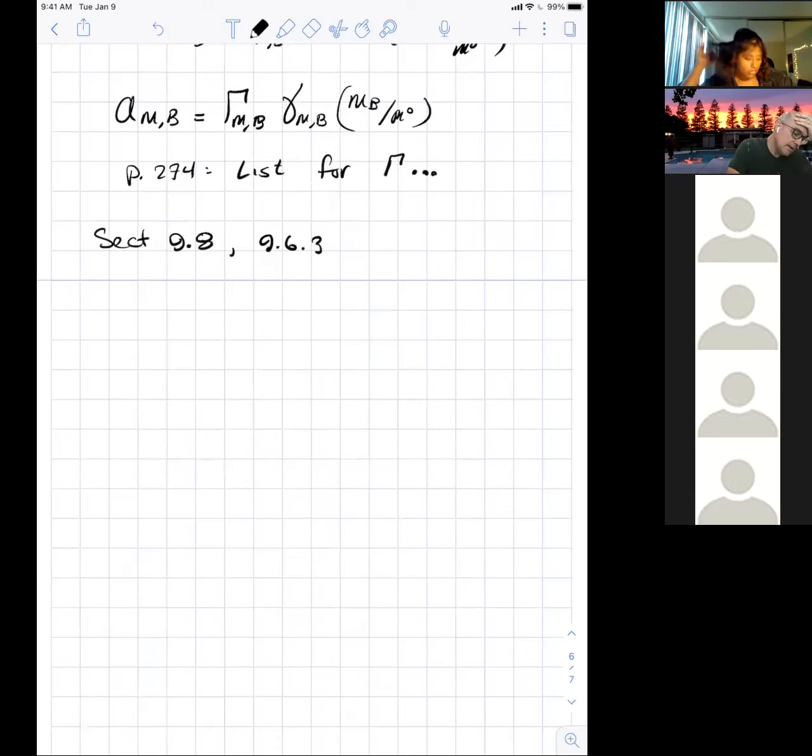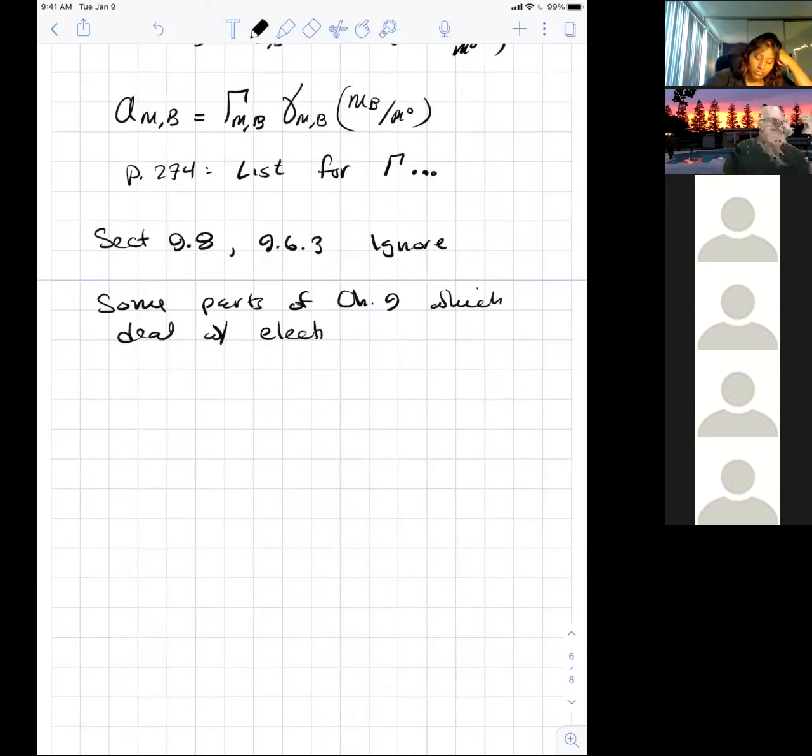I also want to say that some parts of chapter 9, which deal with electrolytes, I'm going to move to chapter 10. So in the PDF of these chapters, I'll just circle this section and say I'm moving this to chapter 10, because as I mentioned before, I think it's easier to handle in the proper context.